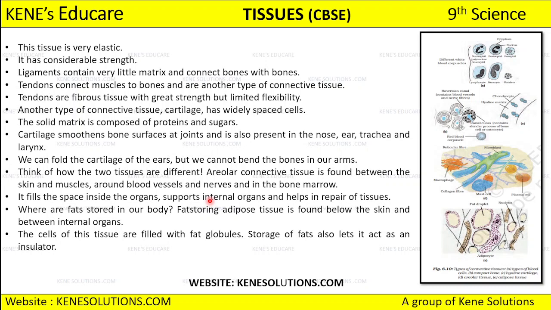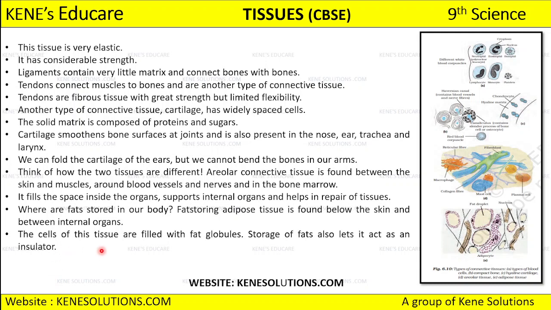So we have a fat storing adipose tissue. We have fat storing adipose tissue which is found just below the skin and between the internal organs. कहाँ पे मिलता है हमें ये fat storing adipose tissue? It is found below the skin and between the internal organs. Where is it found? Below the skin and internal organs के बीच में the fat gets deposited there as fat storing adipose tissue is present there.